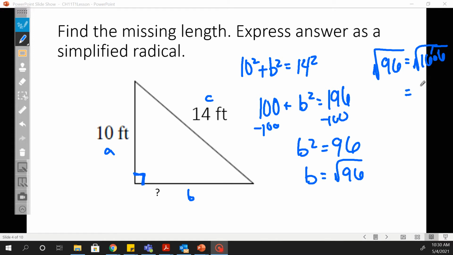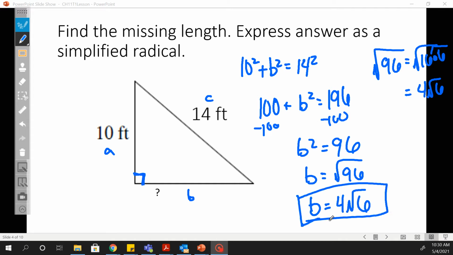And the square root of 16 is 4. So that can be written as 4 root 6. So B is 4 root 6. So the length here is 4 root 6 feet.